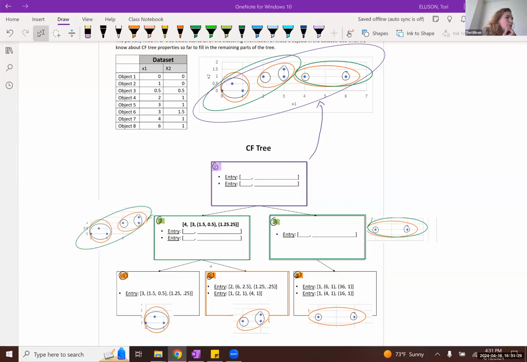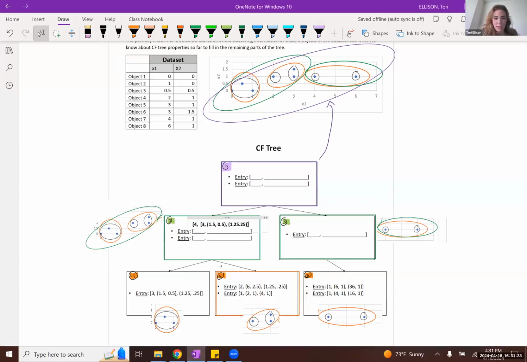Someone's asking the question, can you go over what 4 is on the second level once more? Yeah, so this 4 is the index that this entry that we're writing up here corresponds to. So basically this entry here corresponds to this leaf node here. And we're also going to be representing this leaf node here with this entry.